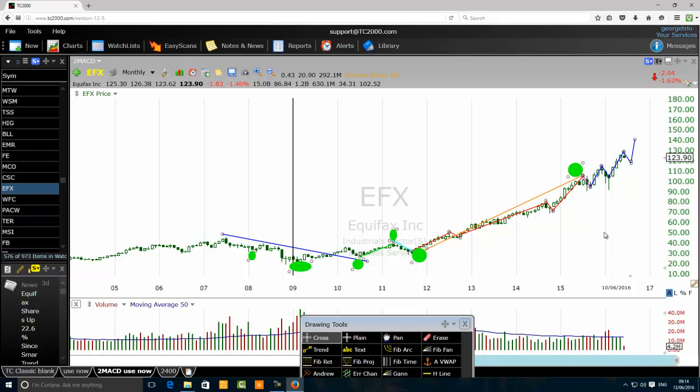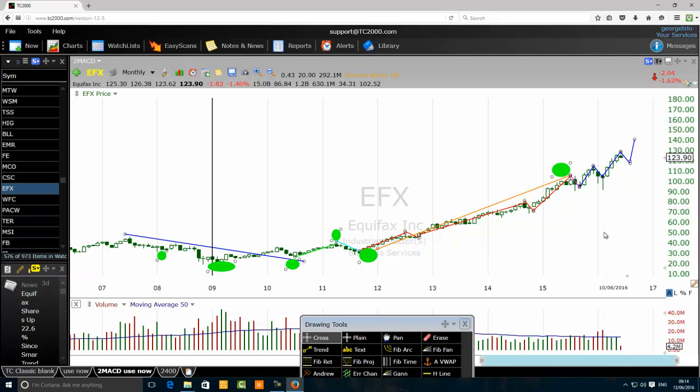Now, suppose we are wrong. Suppose we were wrong that the fifth wave is extended, which means probably we have mixed something up. Can we still make the right decision? Yes, we can still make the right decision.